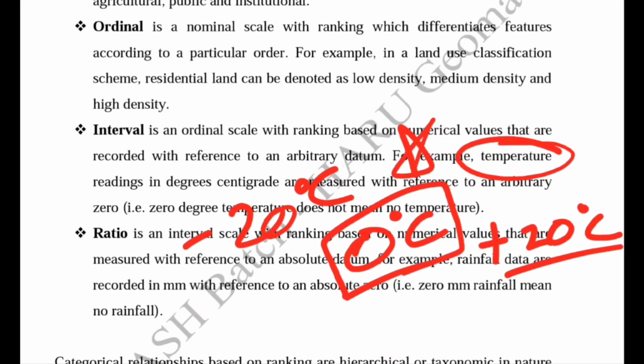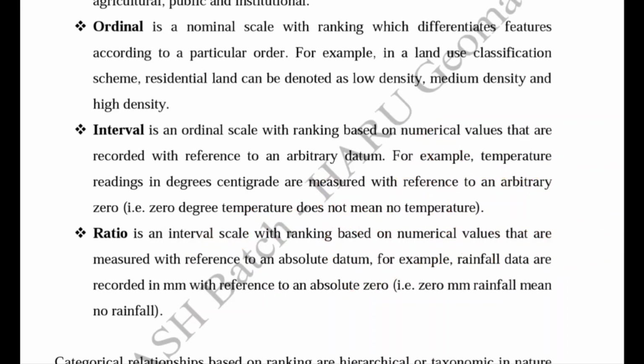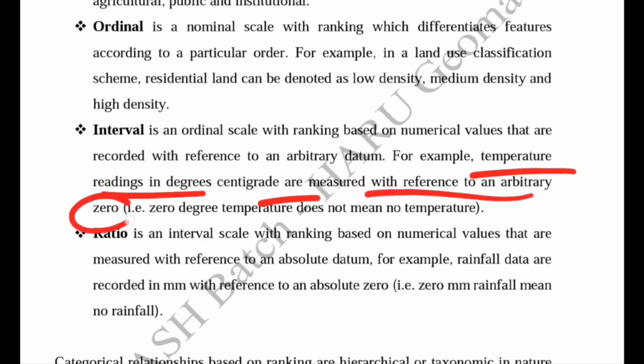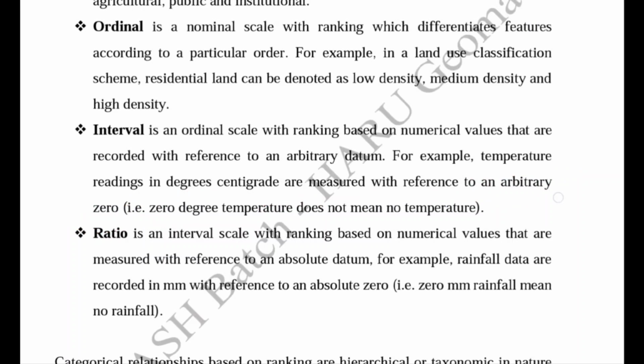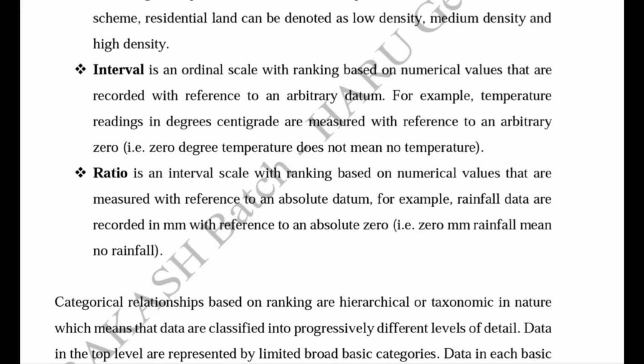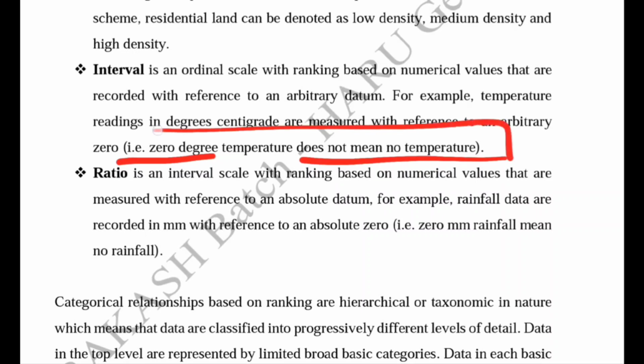So in the interval scale, the reference datum, the meaning of 0, has some significance. For example, temperature readings in degrees centigrade are measured with reference to an arbitrary zero datum. Here 0 degrees does not mean no temperature. It has significance.